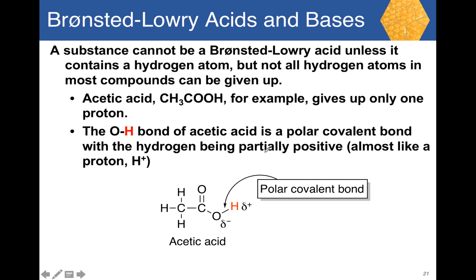Let us look here at the Bronsted-Lowry definition of acids and bases again, and let's do a close examination. We have described acetic acid as an acid, and if you notice, acetic acid has CH3 and COOH, so it has one hydrogen here and three here.